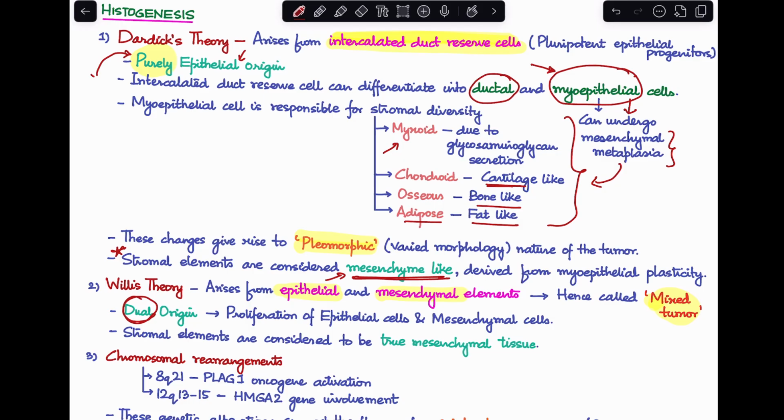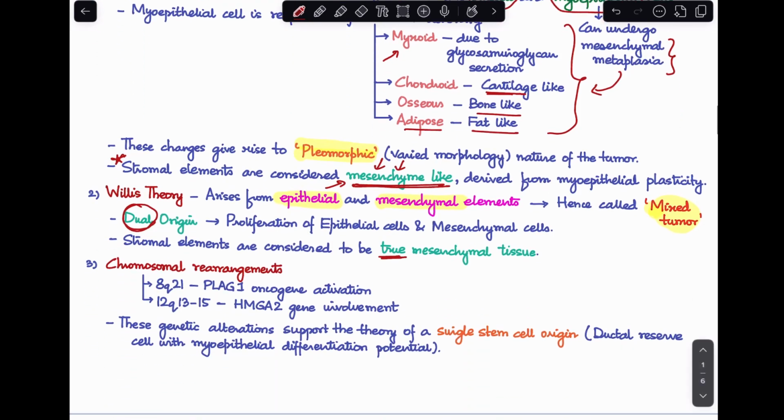In Willis theory, the stromal elements are considered to be true mesenchymal tissue, whereas in Dardick's theory the stromal elements were mesenchyme-like but not true mesenchymal tissue. So these are two of the theories.